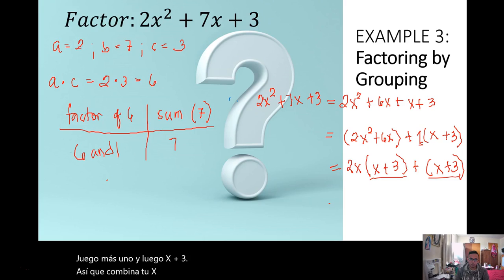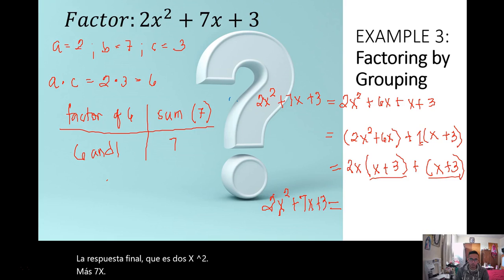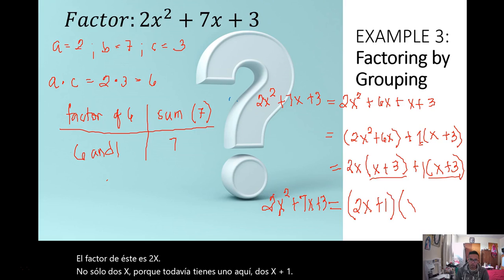So you only have now the final answer, which is 2x squared plus 7x plus 3. The factor of this one is not just 2x, because you still have 1 here: 2x plus 1, parenthesis, x plus 3.